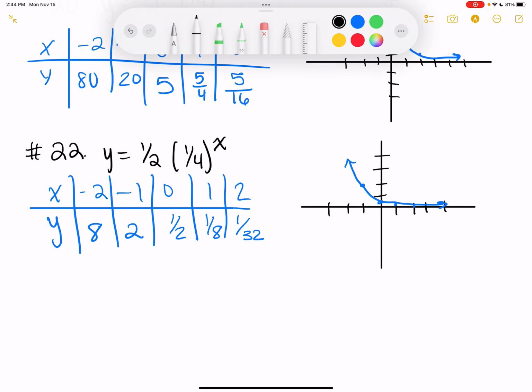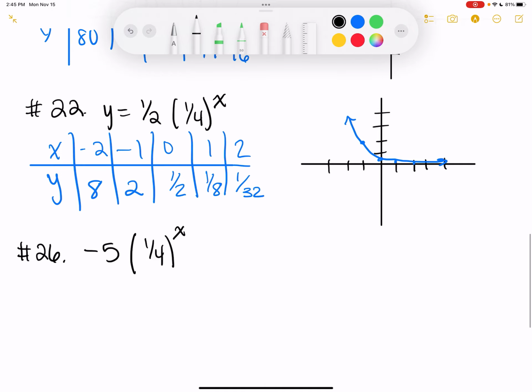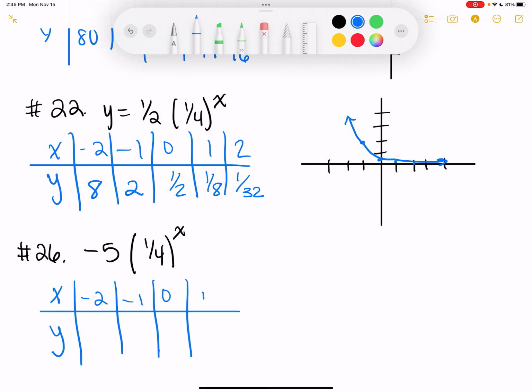All right, this last one that we're going to do, number 26: -5 times 1/4 to the x. At 0, what do I have? 1 times -5. At 1, -5 over 4.